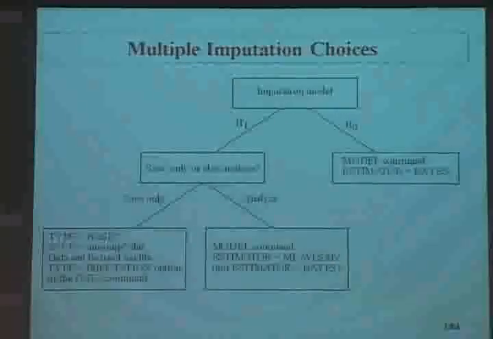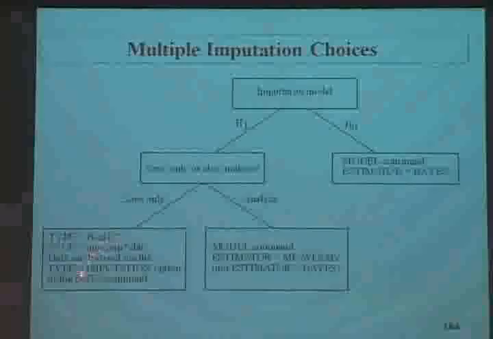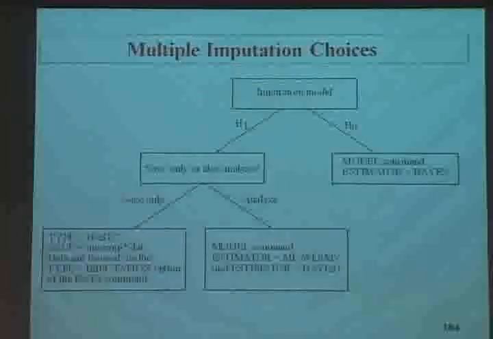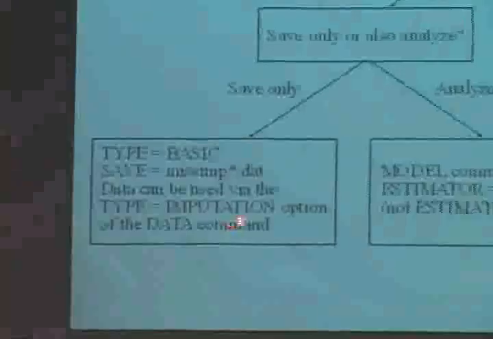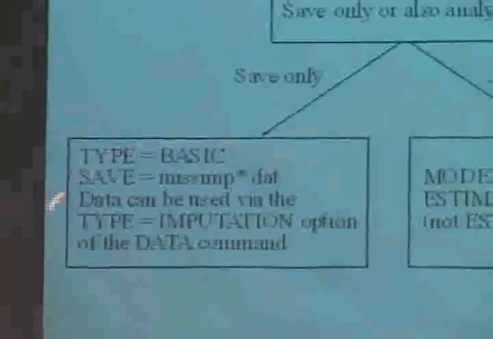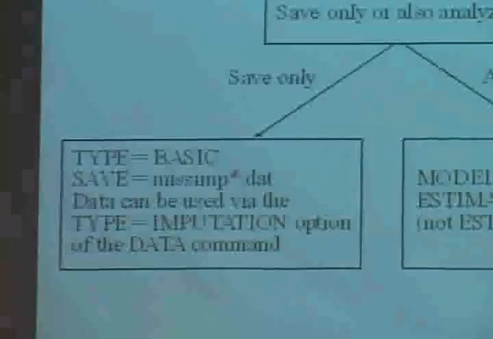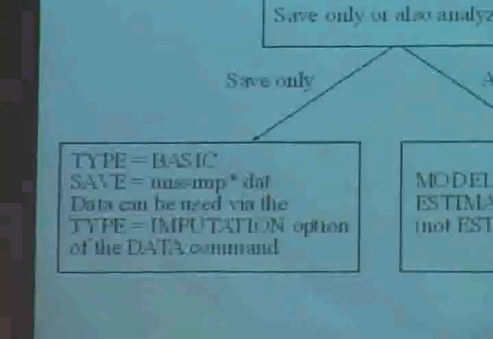We got to be really careful here. Go back. We're still in the leftmost track. But we're now going to do save, and in the next step we're going to use the data with type equals imputation. So it's actually the first and the second step in the leftmost track that I want to illustrate.